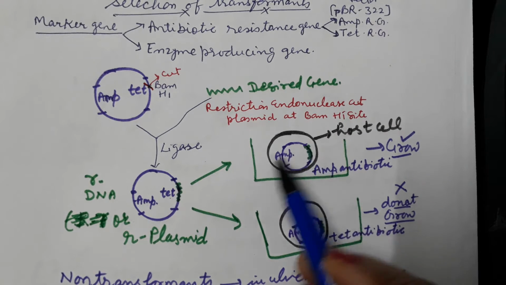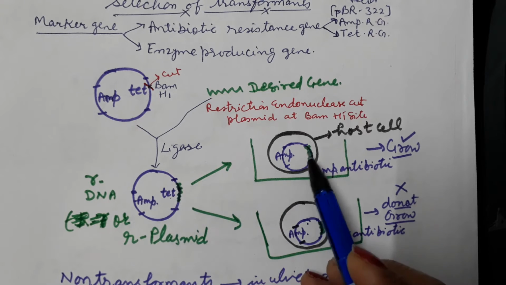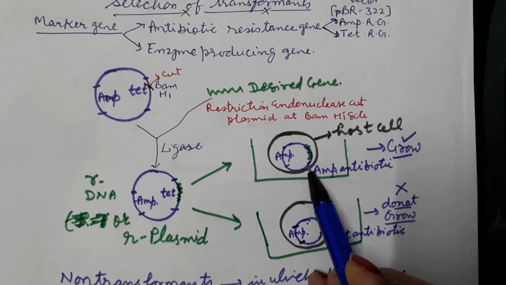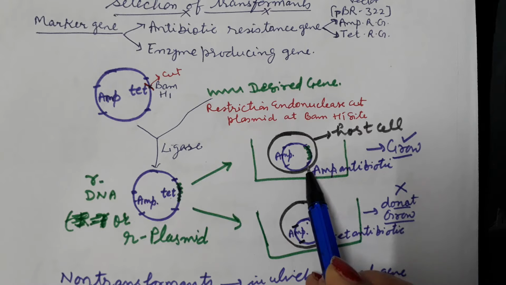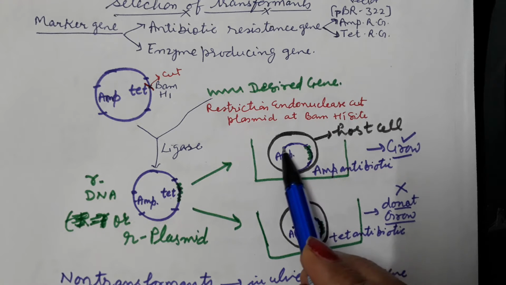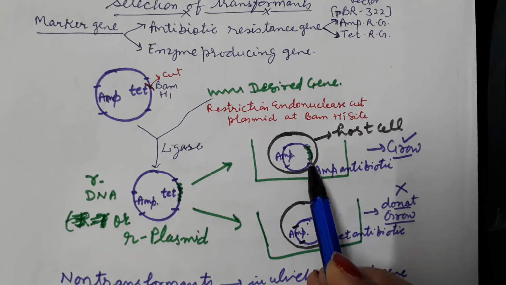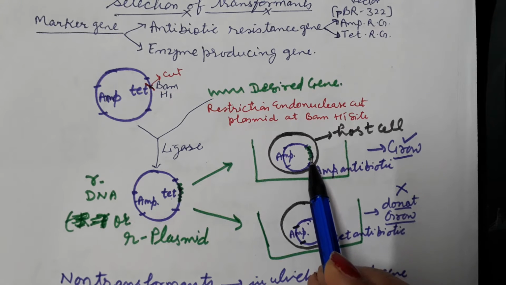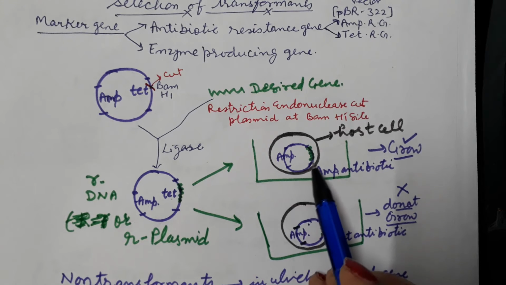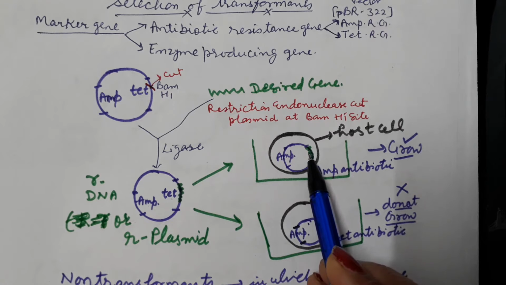When we insert this recombinant DNA into the host cell, it becomes a transformant. What do we mean by transformant? It contains the recombinant DNA or vector in which the desired gene is present.